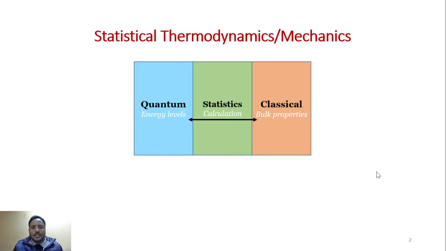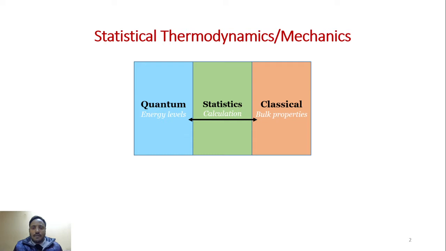So what is statistical thermodynamics, also called statistical mechanics? Statistical thermodynamics is a branch of science that links classical thermodynamics with quantum mechanics. We know that quantum mechanics deals with ultimate particles of matter, including atoms, molecules, or subatomic particles such as electrons, protons, etc. Classical thermodynamics deals with large or macroscopic properties of matter.